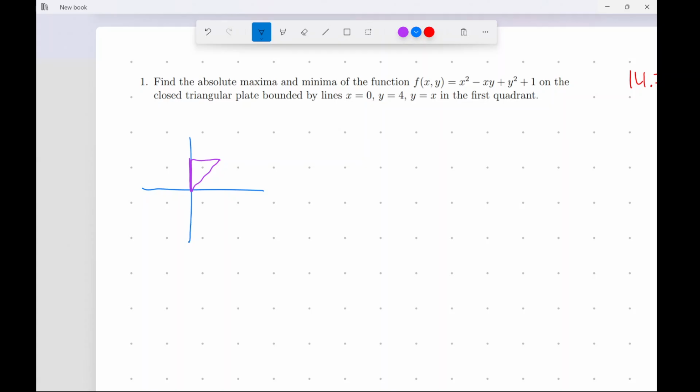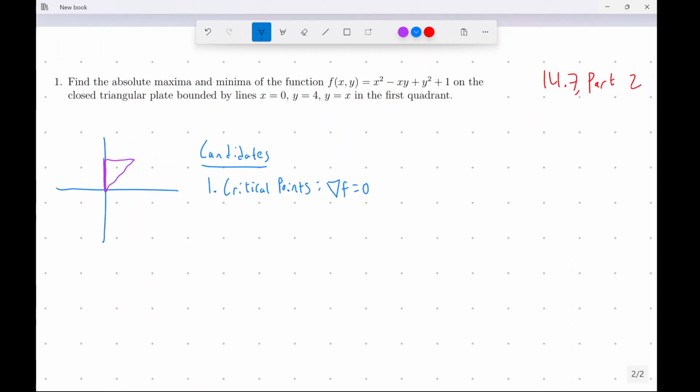Okay, so I sent out a sort of procedure on how to do this. We need to identify all of the candidates for maxima and minima. So our candidates, as I said, are first critical points. So this is when the gradient of f is equal to 0.